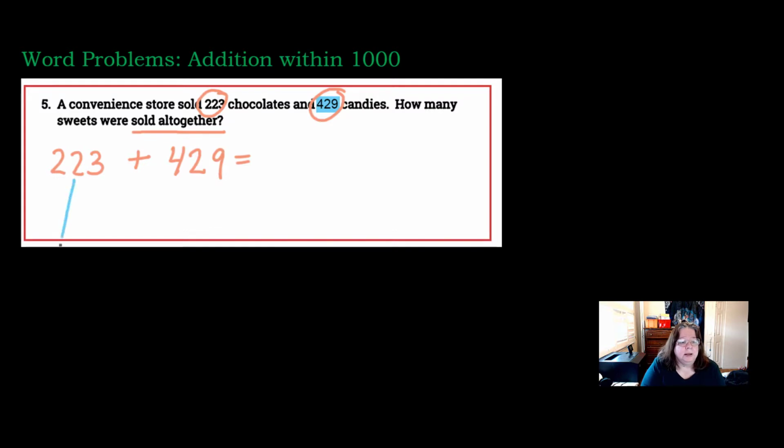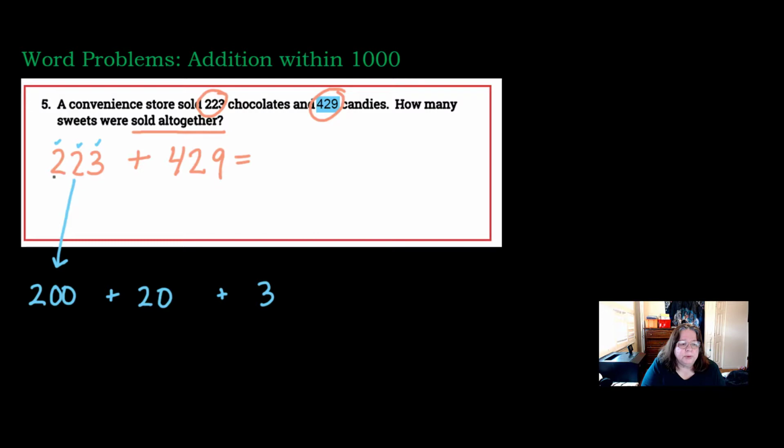First, we're going to decompose this number. 223. I like to start at this end when I'm decomposing. The value of the 2 is 200. The value of this 2 is 20. And the value of the 3 is simply 3.